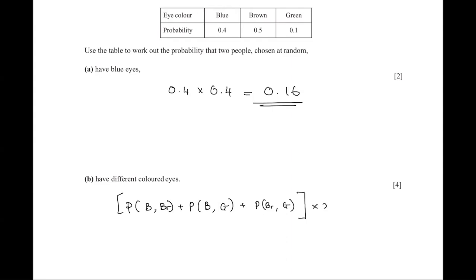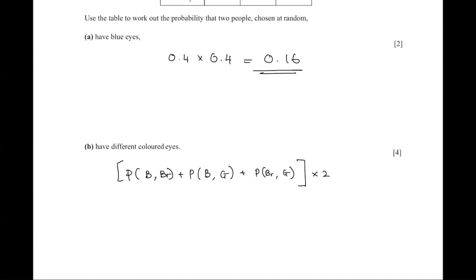Just take this and multiply by 2. That is if you want to do it this way. The reason of multiplying by 2 is because I'm just swapping the position. So for example, probability of brown and blue, green and blue, green and brown. That's why I multiplied by 2.